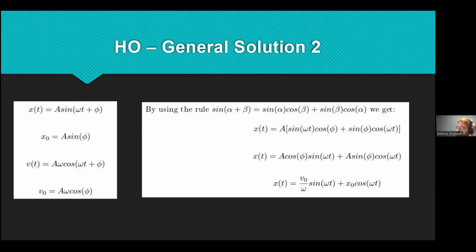Psi is an initial phase of vibrations, defines the state of an oscillator at the beginning of vibrations. For example, when it equals 0, then x equals a sinus omega 0 t. And if it equals π/2, then it equals a cosinus omega 0 t.